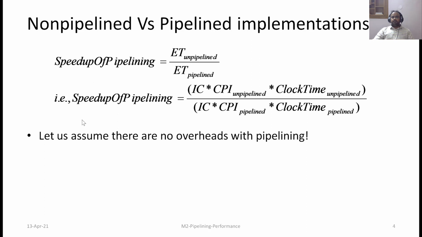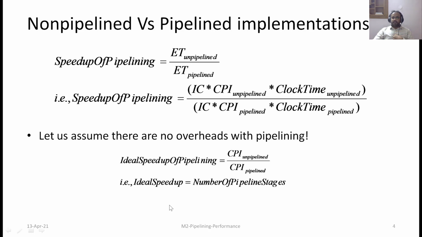So if, for simplicity, we assume that there were no overheads with pipelining, meaning that it is an ideal pipeline, then the speedup of the ideal pipeline would be simply CPI of unpipelined upon CPI of pipeline. The instruction counts of both of them will be the same, and because we are assuming no overheads, the clock cycle time of unpipelined and pipeline would be the same. So the ideal pipeline speedup we would expect is equal to the number of pipeline stages.